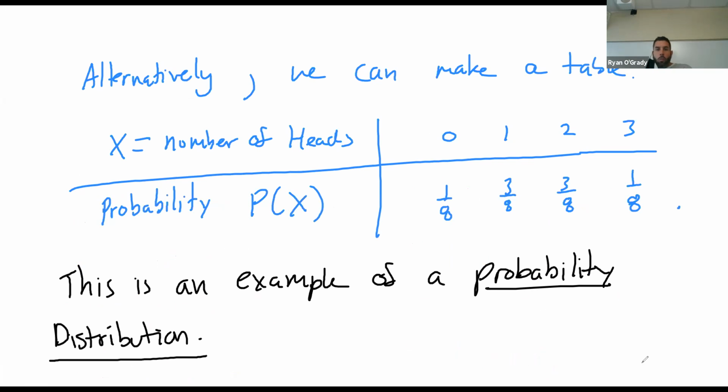Very good. So what makes a probability distribution? What is a probability distribution? It is a function.